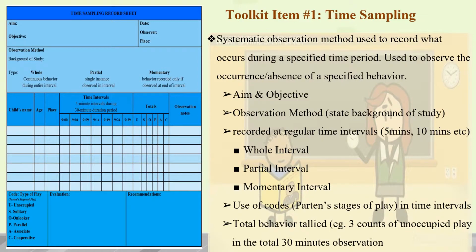So under U, if you have observed her 3 times in unoccupied play, you would write the number 3 under U. If you have observed her 3 times in solitary play, then you would write 3. If she engaged in parallel play, then you would write 2 if you observed it 2 times. And there is an area for you to write your observational notes, as well as the evaluation and the recommendations.